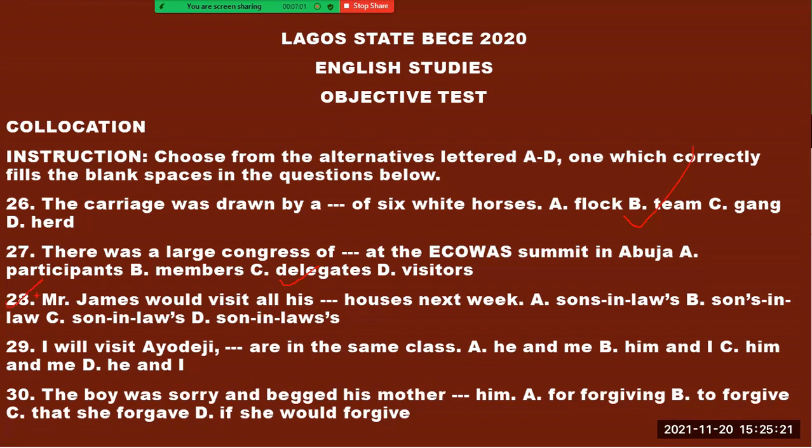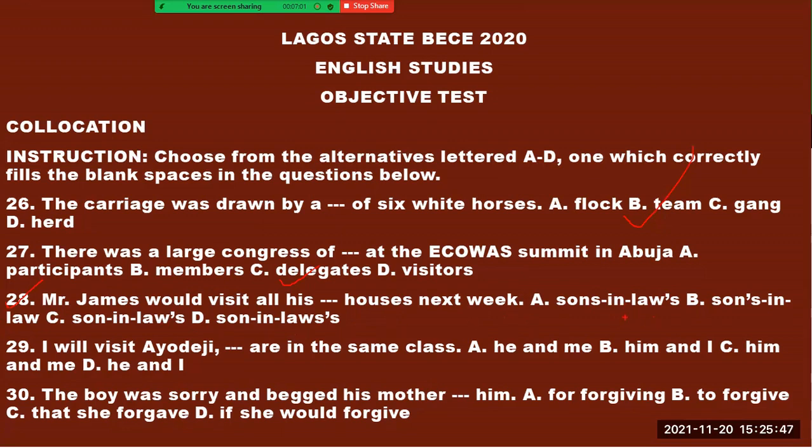Now, number 28, Mr. James would visit all his dash houses next week. A, sons-in-law. B, son's-in-law. C, son-in-laws. D, son-in-lawses.